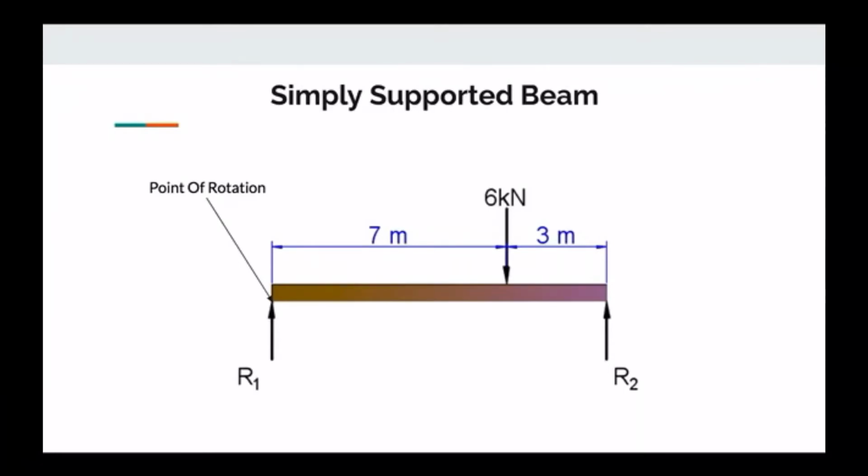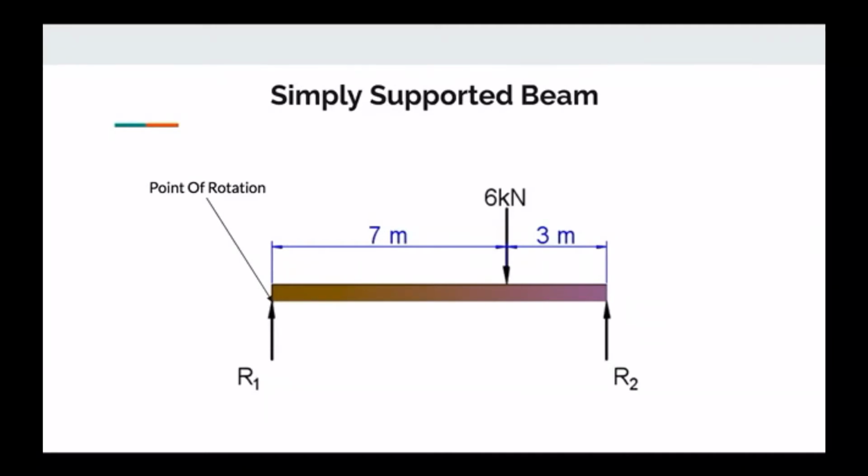In this case, 6 kilonewtons multiplied by 7 meters, and that is 42 kilonewton meters. We can also find the moment of R2. We will not arrive at the answer yet, but we can write out the formula. It will be R2 multiplied by 3 meters.